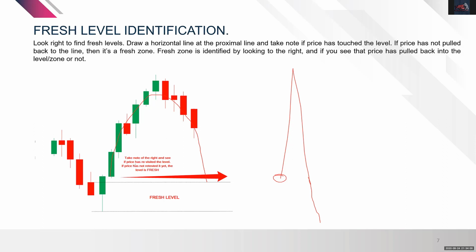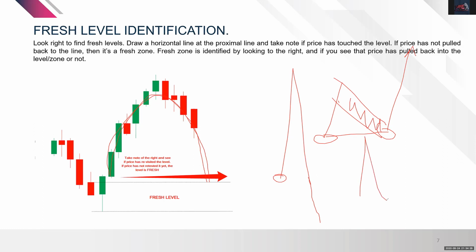You need to see either a semicircular return to a zone, or a return to a zone using the flag, the channel. So this will be a bearish channel. You see price coming back to a zone. This area will be good for a long position. But if price rallies away and then instantly comes back, then that zone is not good for trading.